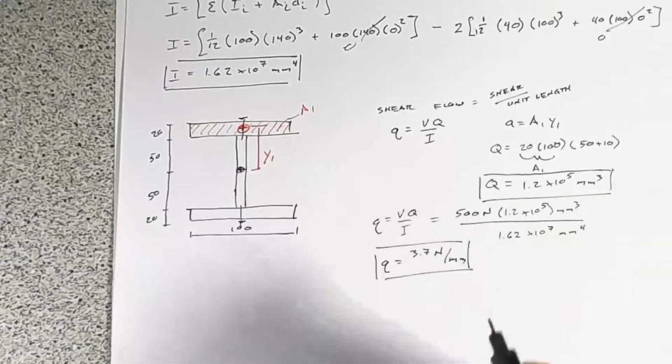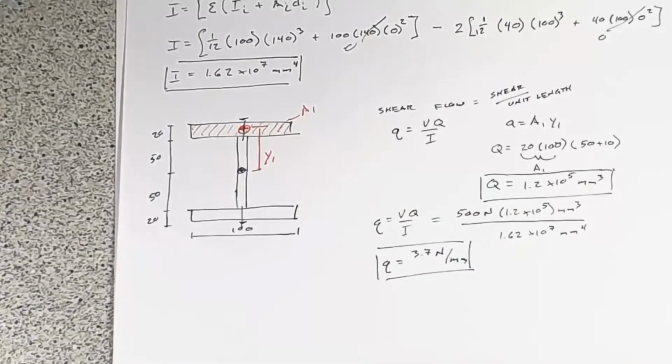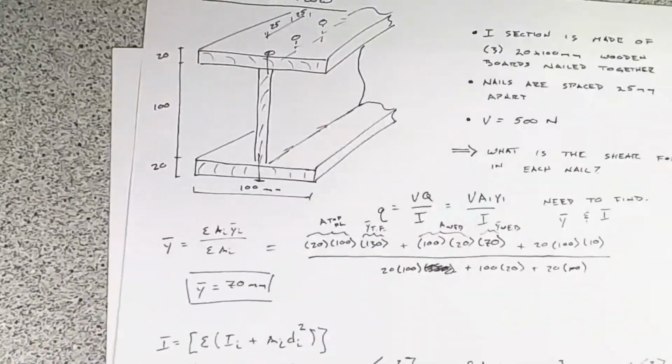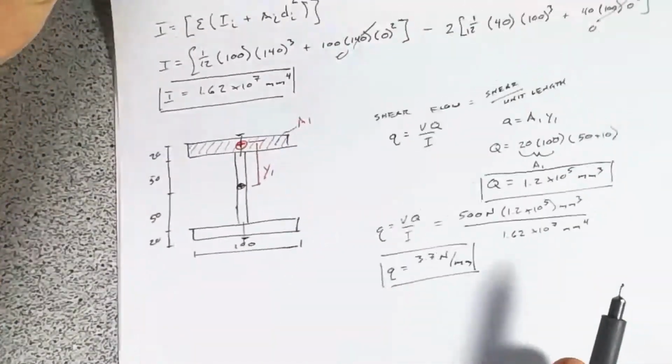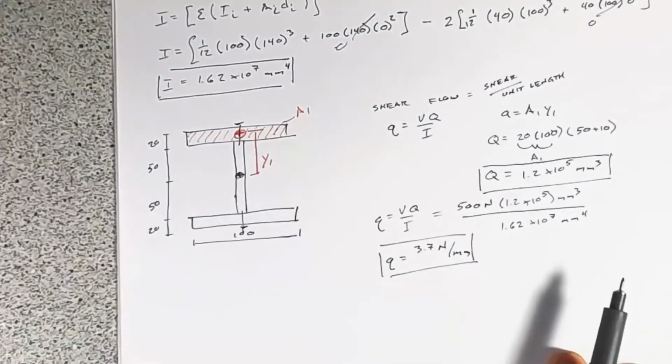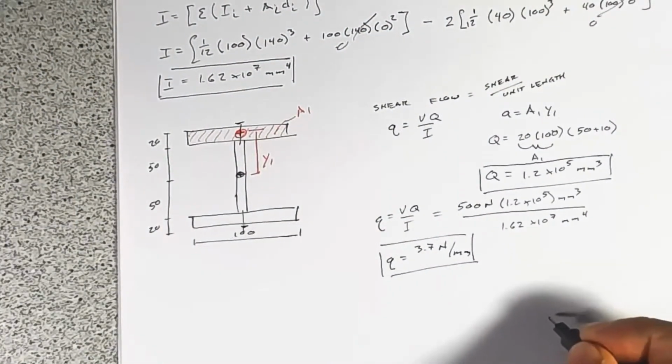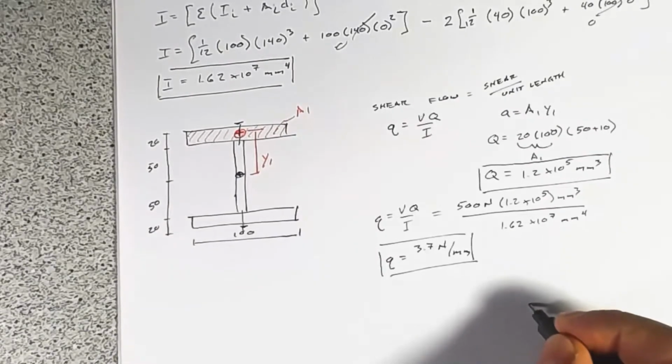So now that we know our shear flow, we know our shear per unit length, we can figure out how much is acting on each nail. And the way we do that is we'll just draw a little picture. You think about it kind of as a tributary area.